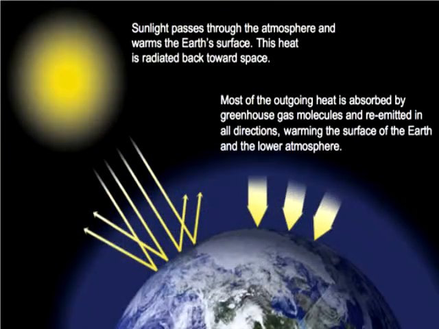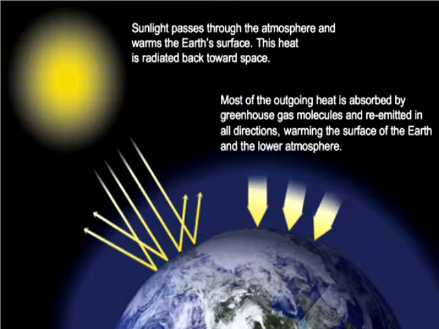Here's a graphic produced by one of our federal agencies charged with looking at the greenhouse effect that illustrates how this occurs. You can see here solar energy coming into the Earth and then being reflected by the Earth's surface.